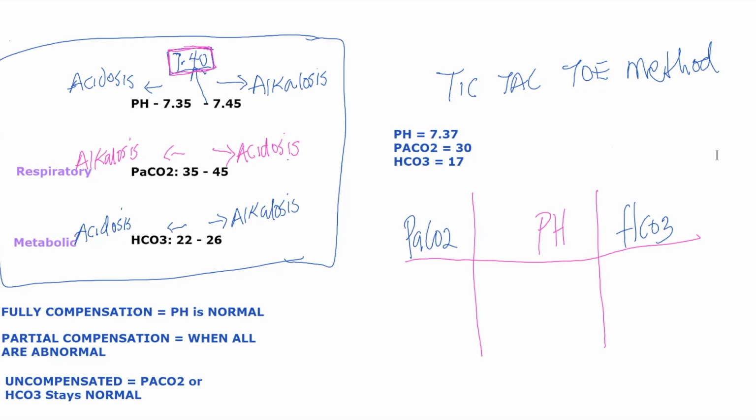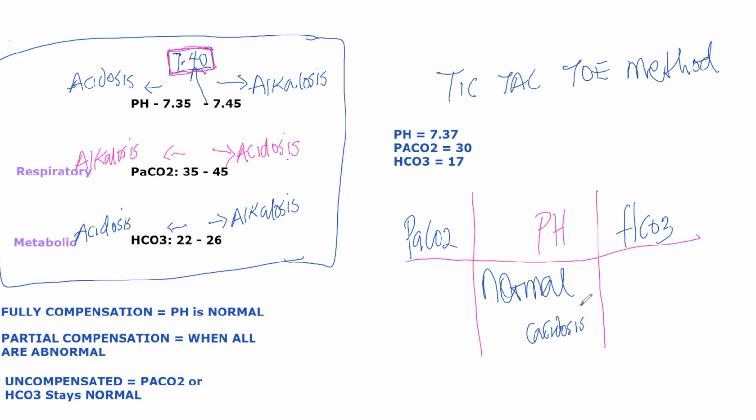Our final example is we have a pH of 7.37, and that is actually normal. Okay, we have a normal pH, but once again, remember we have to find where it leans more towards, because we need it to help us figure out what kind of imbalance we have going on. It leans more towards our acidosis side.